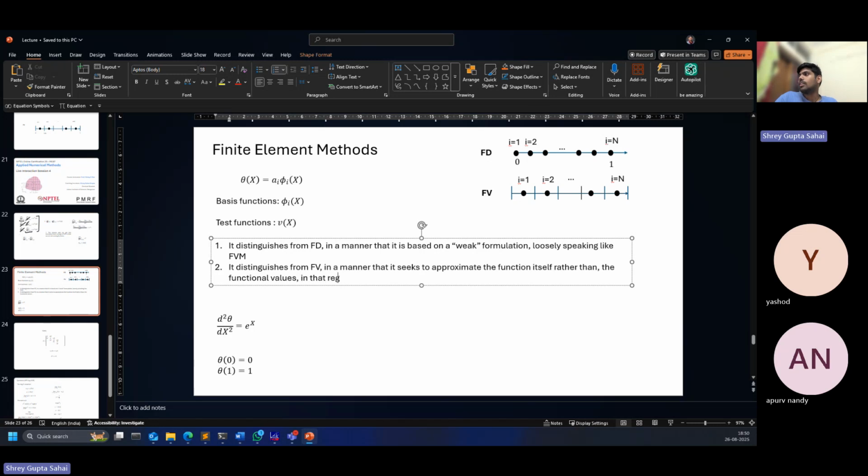In that regard, it is also different from the finite difference approach.